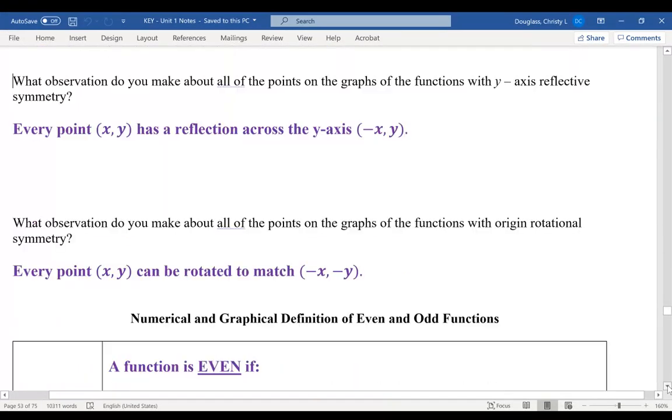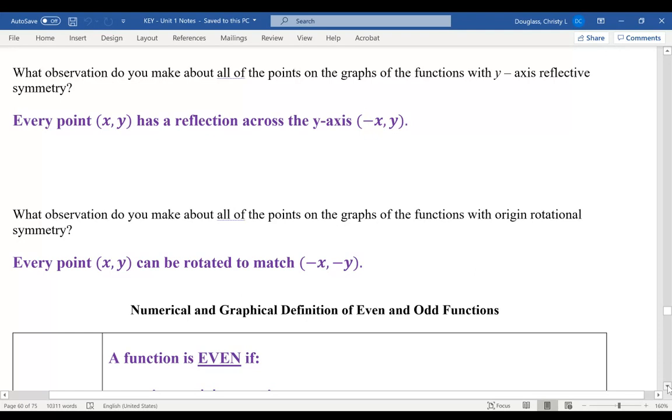It says, what observations do you make about all of the points on the graphs of the function with y-axis reflective symmetry? So when you have y-axis reflective symmetry, for every point, say in the first quadrant, x comma y, there's a matching reflective point across the y-axis, negative x comma y.